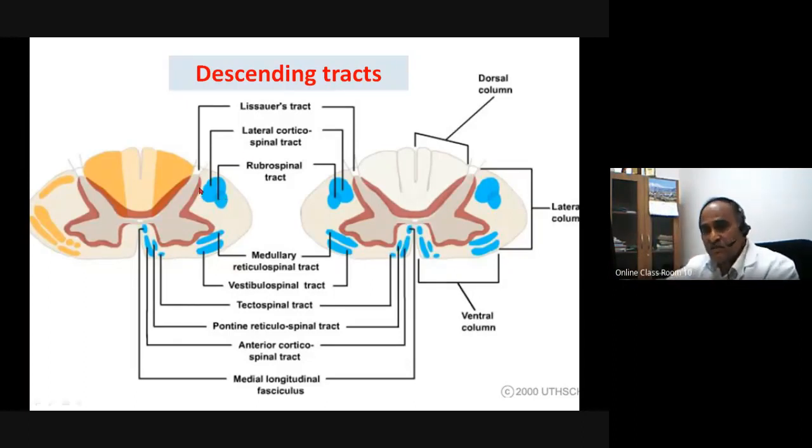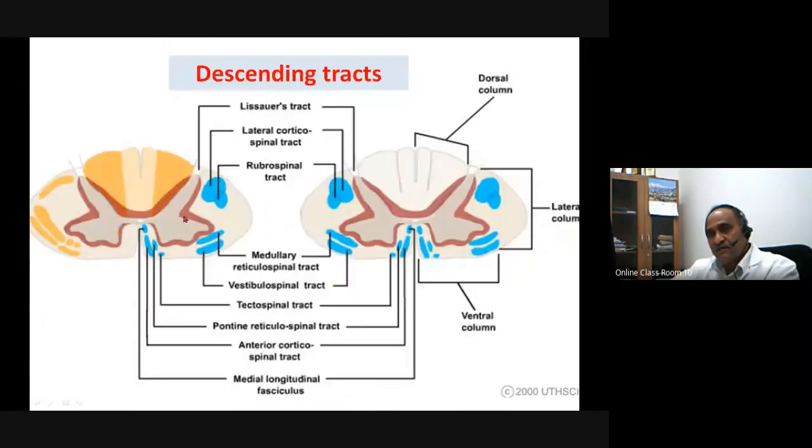Maybe I will tell about these things in detail, but this bundle is the lateral corticospinal tract, and these axons enter the lateral part of the ventral horn cells, the ventral horn neurons.